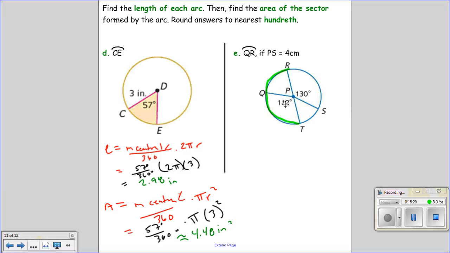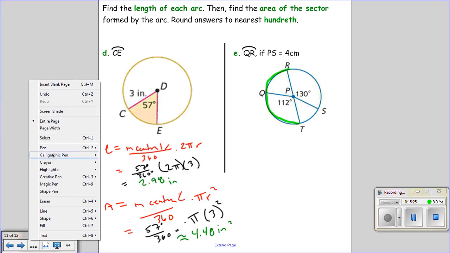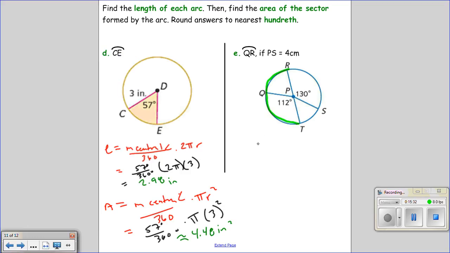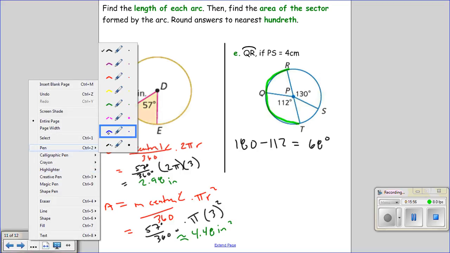So I know that I have 112 of it, so I can find the remaining portion by taking 180 minus 112. So 180 minus 112 would give us the measure of QPR. So that would give us 68 degrees. So the measure of QPR is 68 degrees.